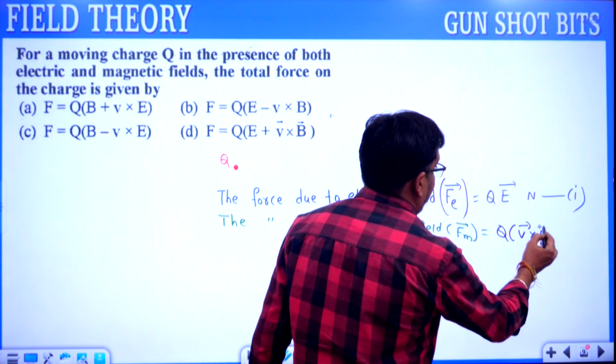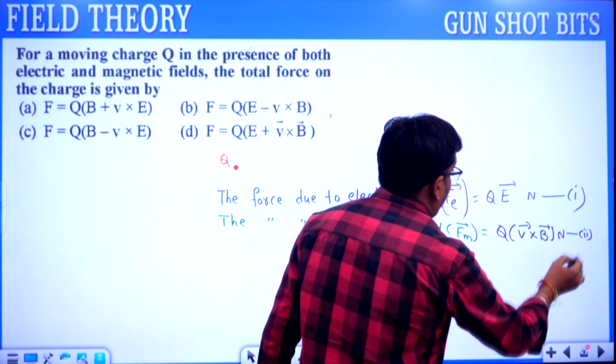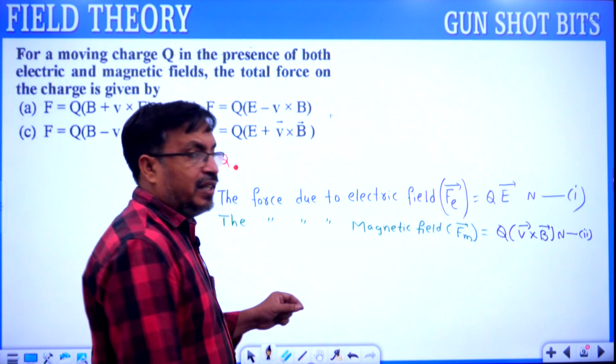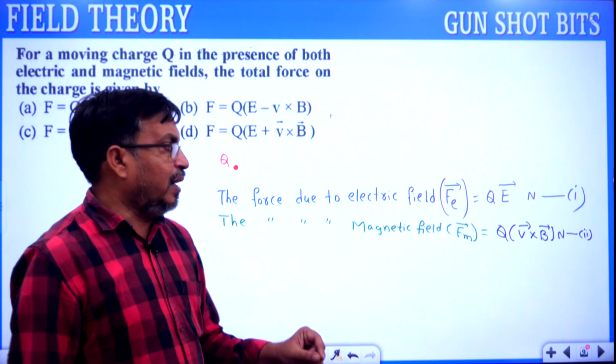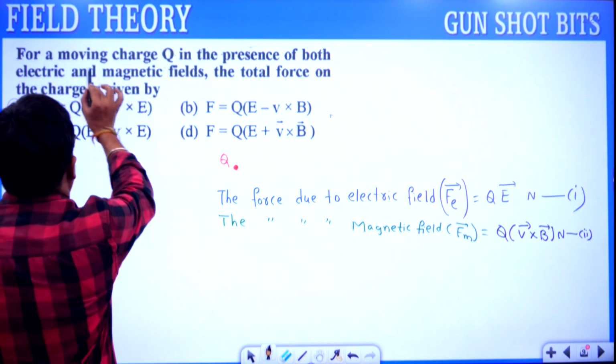Velocity of the charged particle. B is magnetic flux density. So when a charge is moving in a magnetic field B with a velocity V, the force exerted is Q into V cross B.